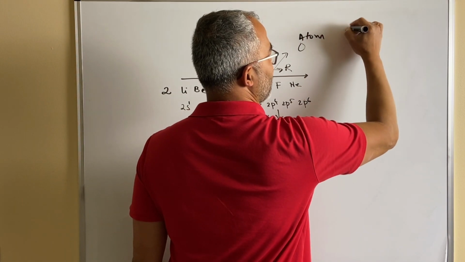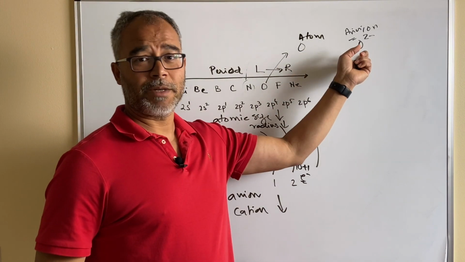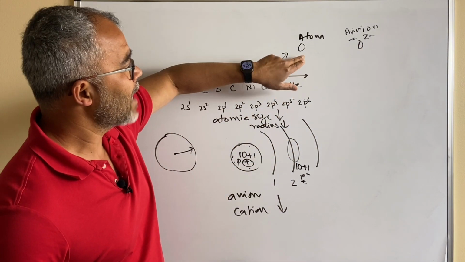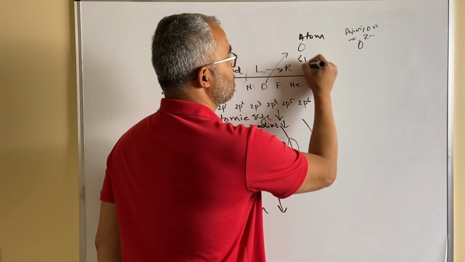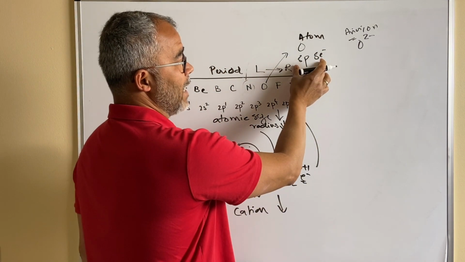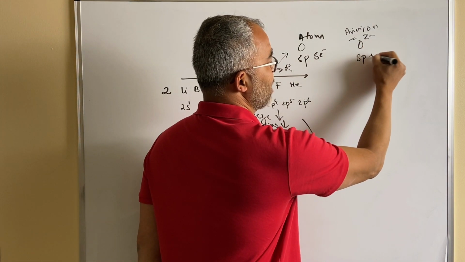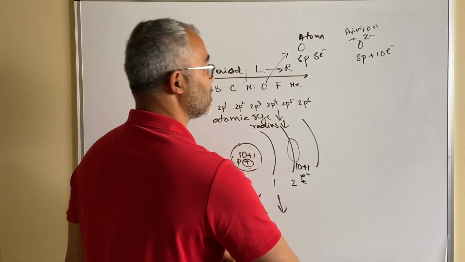The oxygen atom has 8 protons in the nucleus and 8 electrons outside, so 8 protons attracting 8 electrons. In the anion, you have 8 protons and 10 electrons outside.